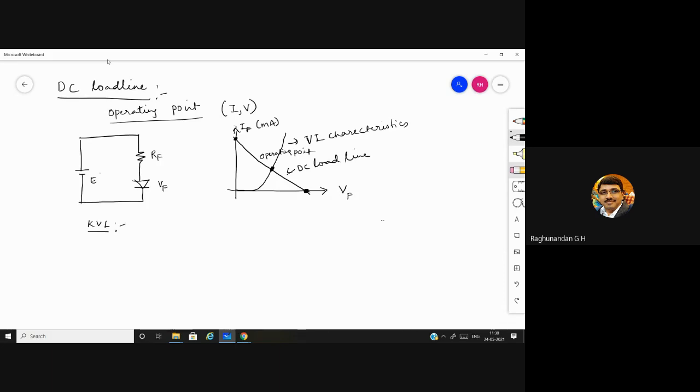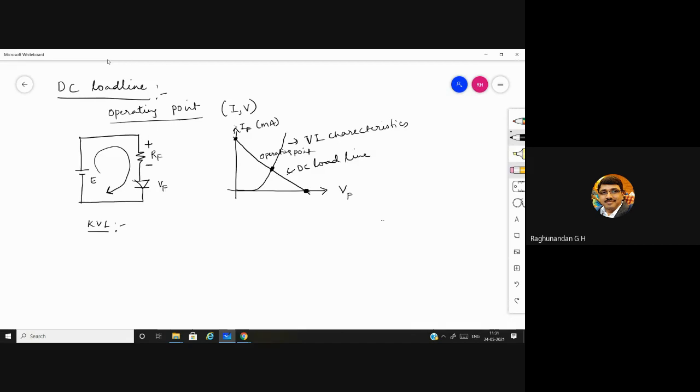We will be applying Kirchhoff voltage law to this particular circuit. Always remember, the terminal where current is entering is considered positive and the terminal where current is leaving is considered negative.